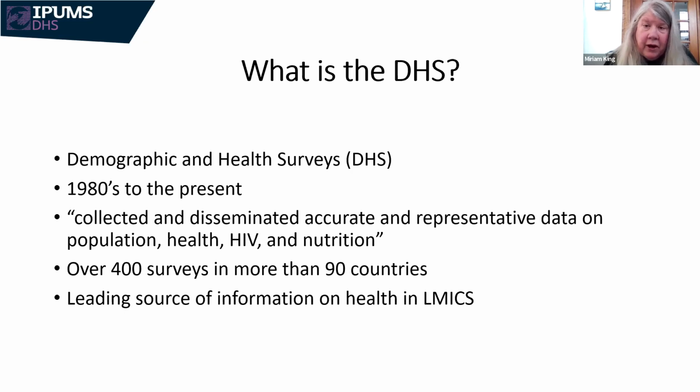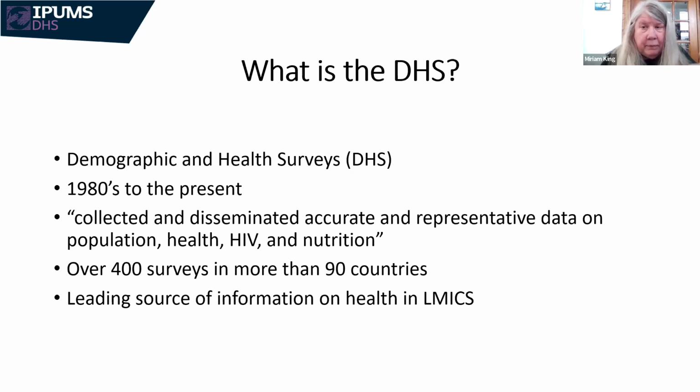Now, those surveys are of different types. Some of them are collecting information on organizations or institutions that provide health care. Some of them are to monitor malaria incidents or HIV and AIDS. And the most commonly used and most familiar to most people are the standard DHS surveys that cover a really wide range of topics.